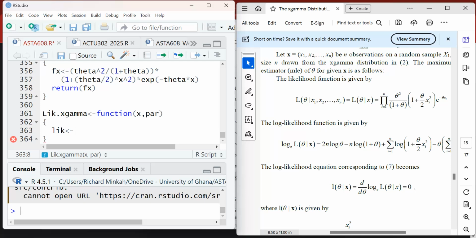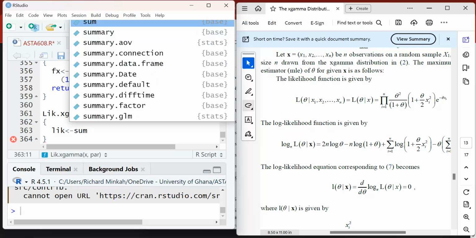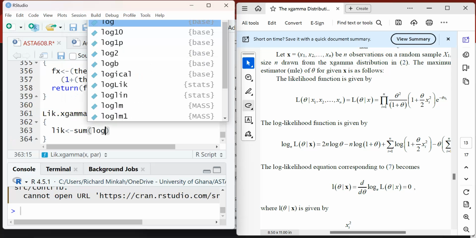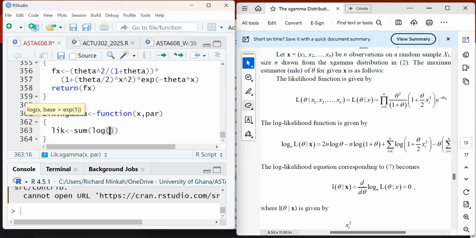So that's what we are going to use over there. So we are going to write sum. Then we are going to write log. Instead of the product, I can also use the likelihood, but it's easier to work with the log likelihood.